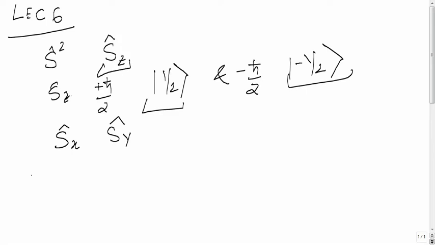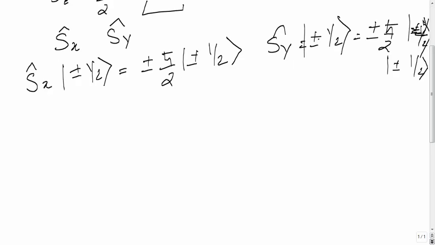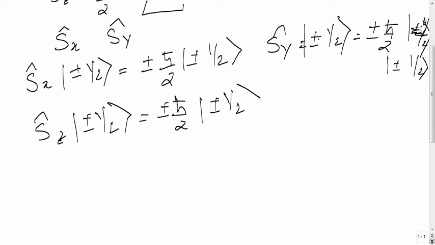By this I mean that this operator, when operating on the state corresponding to plus minus h bar by 2 eigenvalue, gives us plus minus h bar by 2. This is an eigenstate for the Sx operator. Similarly, this would give us the same operating on the plus minus half state, and obviously the Sz would also give this. That is why this eigenvalue equation.